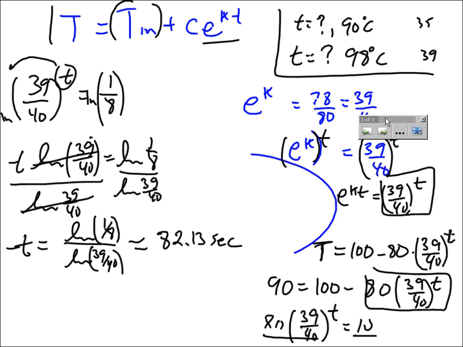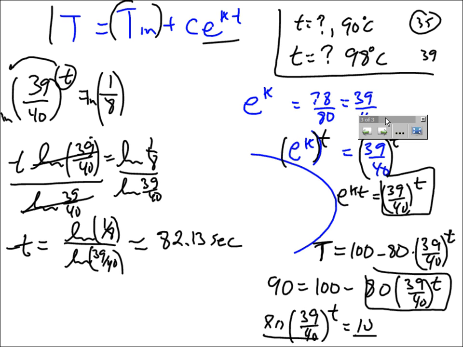82.13 seconds, not 35. So I suspect what I meant to say, actually I got this from her book. What I suspect the author meant to say was, so let me read what the author said. How long will it take the piece of metal to reach 90 degrees Celsius if the temperature increases 2 degrees in 1 second?